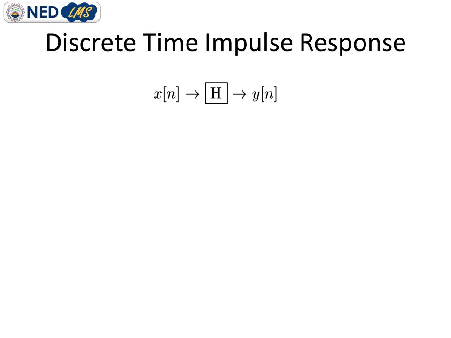This is the generic representation of any system. If we apply any input to the system, it will produce the corresponding output, depending upon the characteristics of the system.